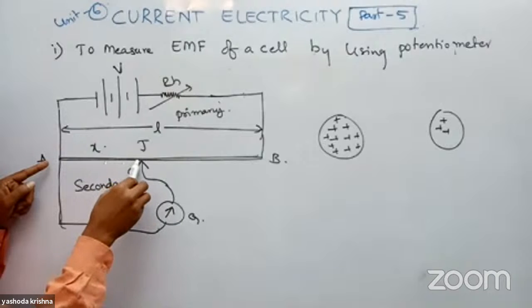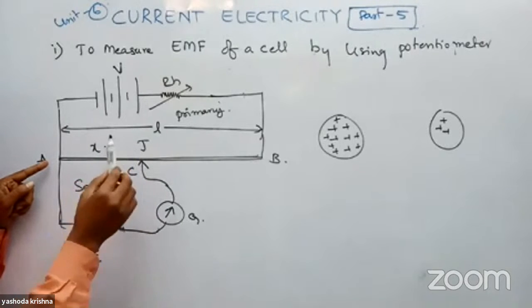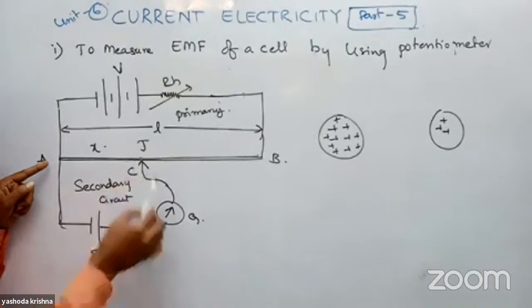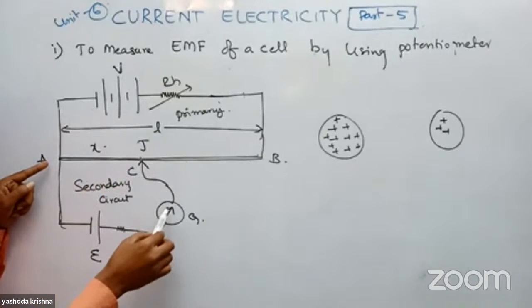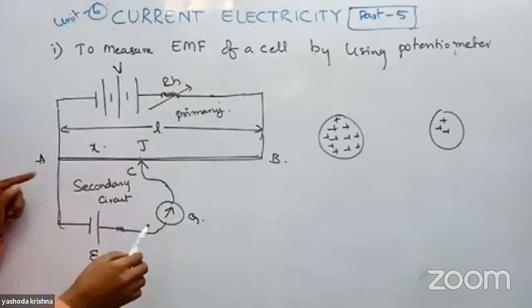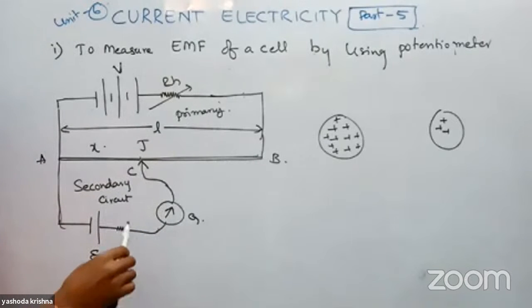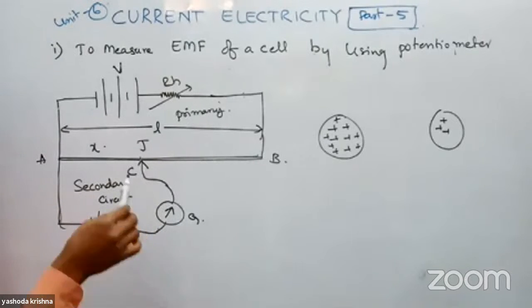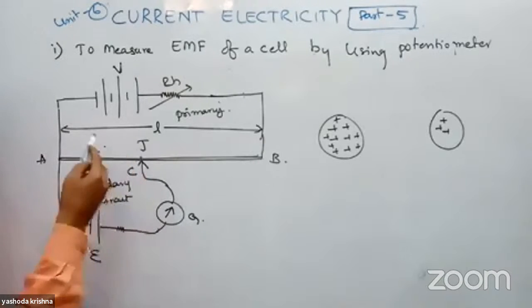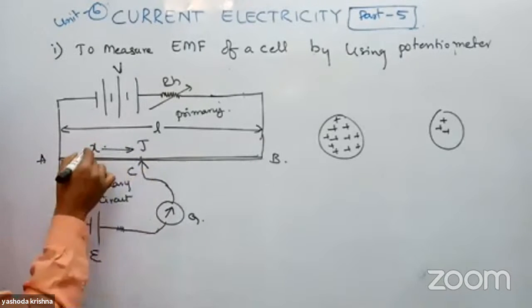At some place the jockey J reaches, there is a null deflection. Null deflection means there is no deflection on the galvanometer. At that point, you indicate that length as X.